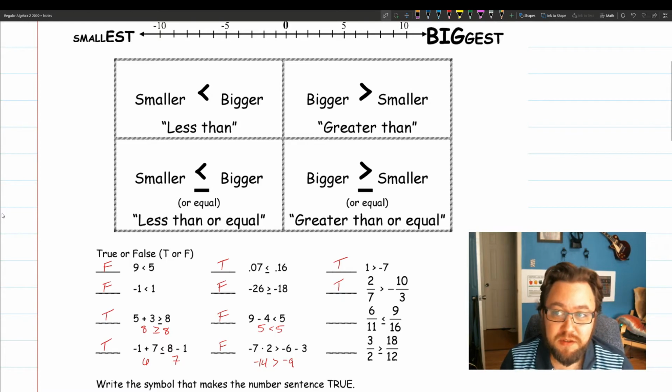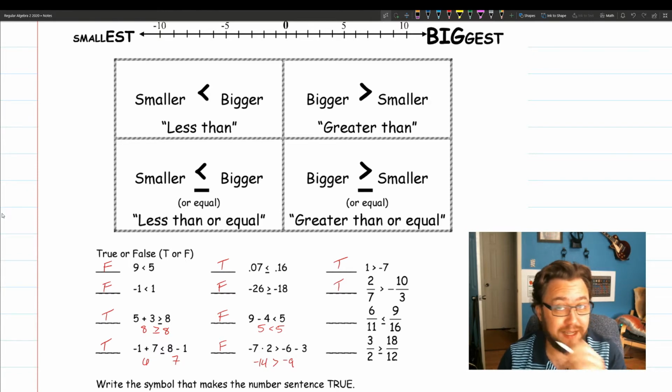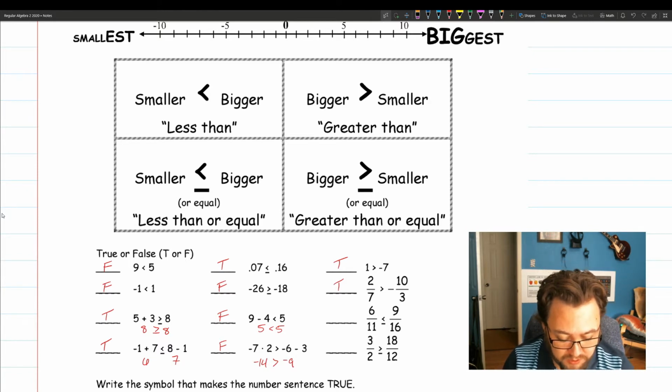All right, so here comes the fraction ones. Well, these are not super pleasant. I'm not going to lie to you. What I did is I cross-multiplied and then multiplied my denominators together. So 11 times 9, I said, is 99. And 16 times 6, I said, is 96.